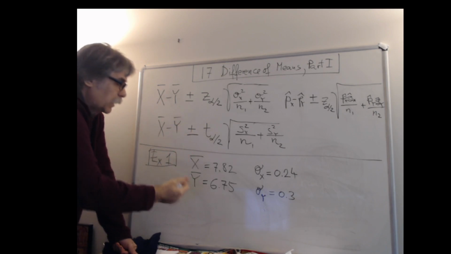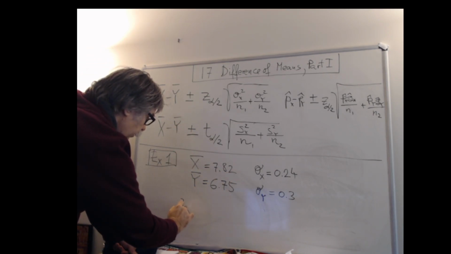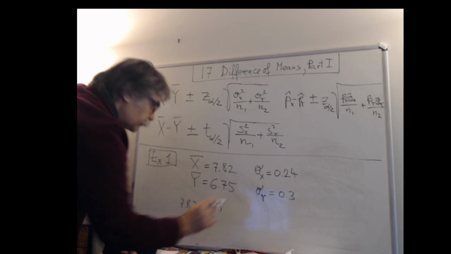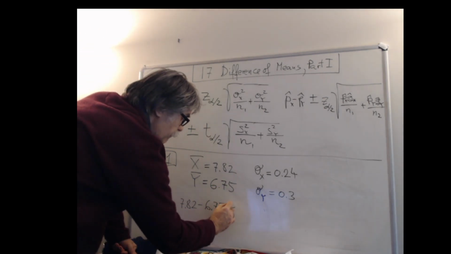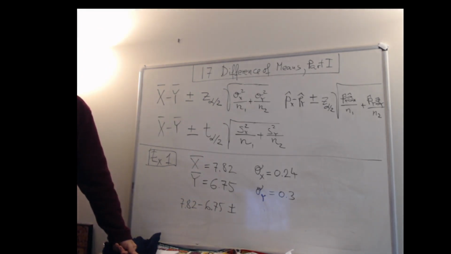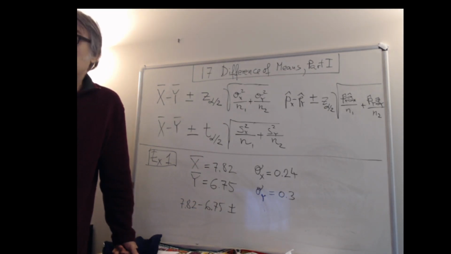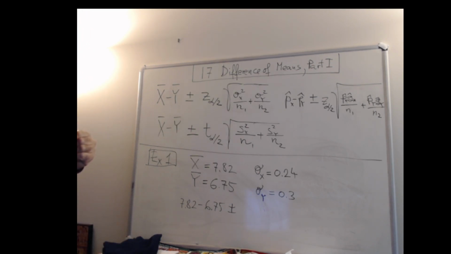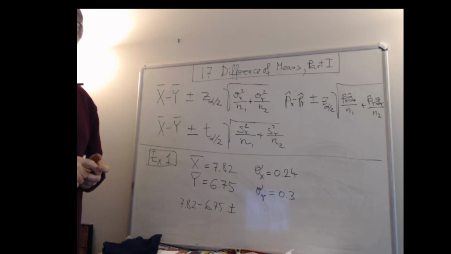Okay, so the z-estimate would say you have x bar minus y bar, which is going to be 7.82 minus 6.75, give or take. Now what confidence do I want? In this particular example, we were looking for something really very close to a certain 99%.